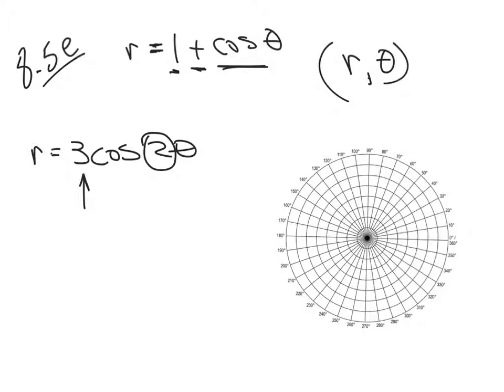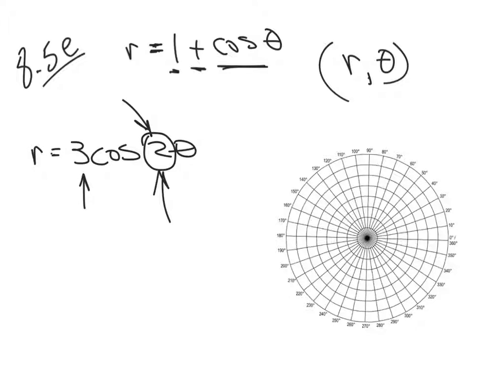Well, it says that if this number right there is 4, it's going to look like the second one. If that number there is 3, it's going to look like that one, the third one. If this number is a 2, it's going to look like the first one.